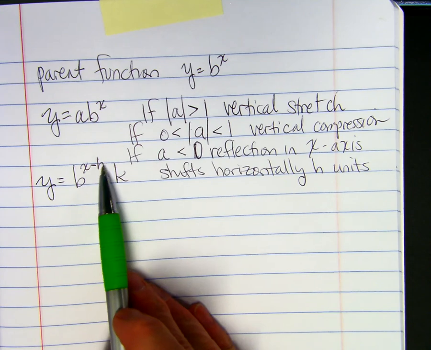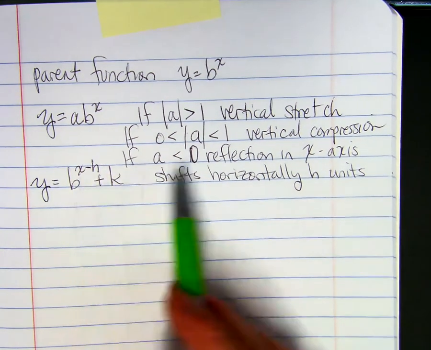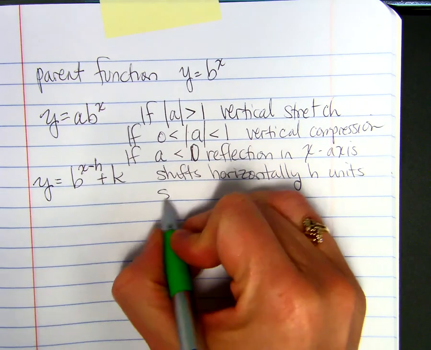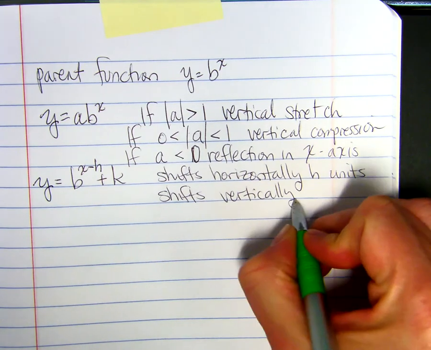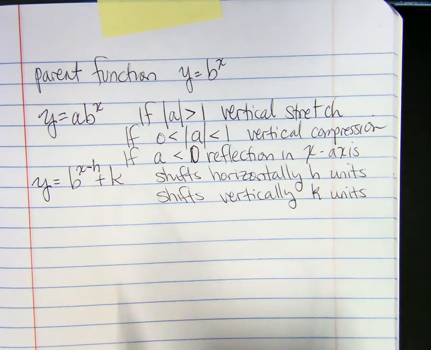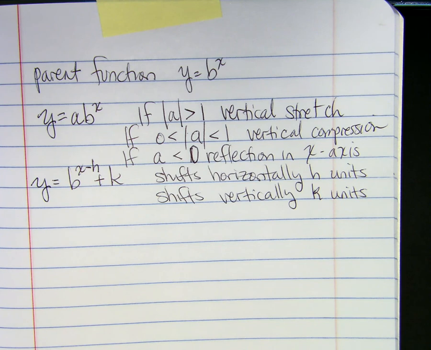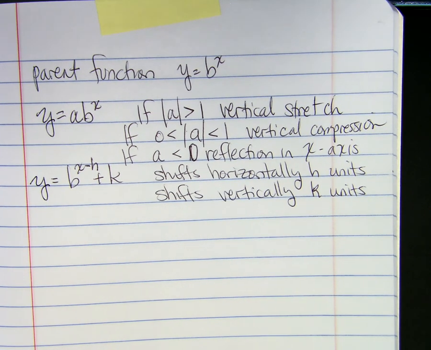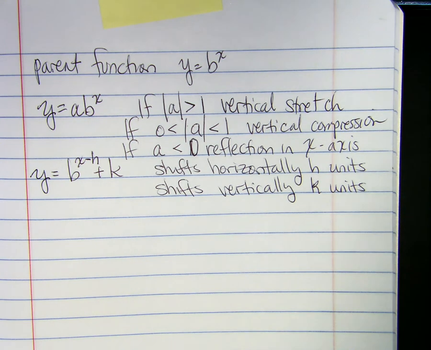So remember that if you see a minus sign, it's going to be shifting right. And if you see a plus sign, it's going to be shifting left. And then it will shift vertically k units. So if you see a plus sign, it's going to shift up that many units. And if you see a minus sign, it will shift down that many units.